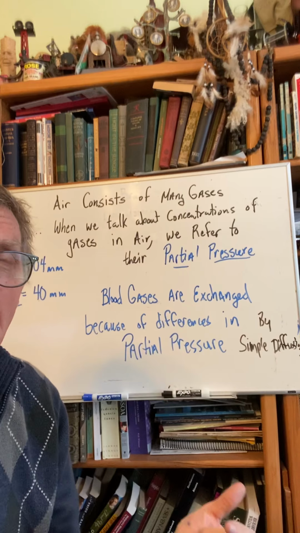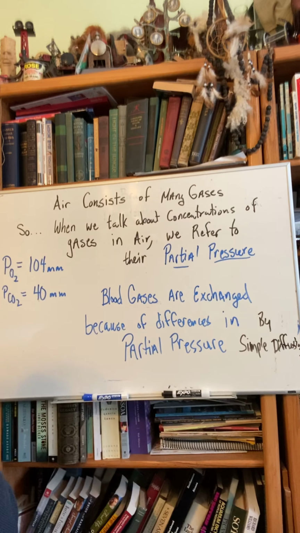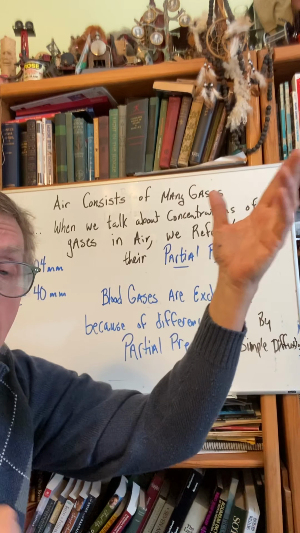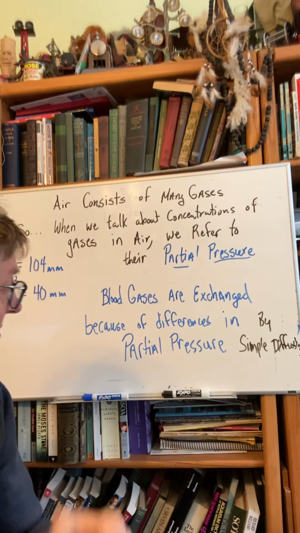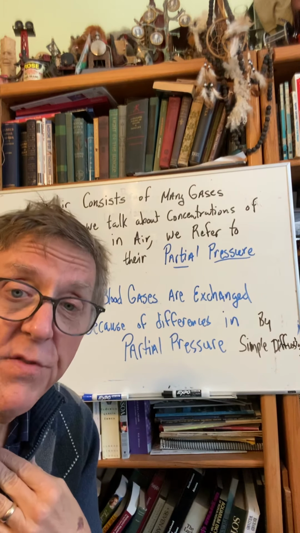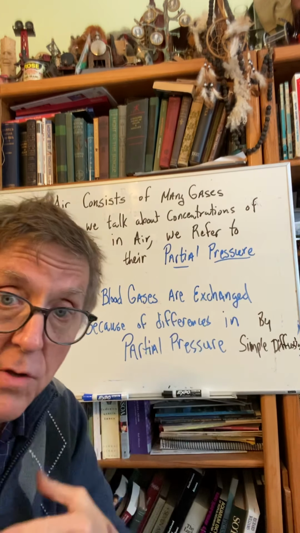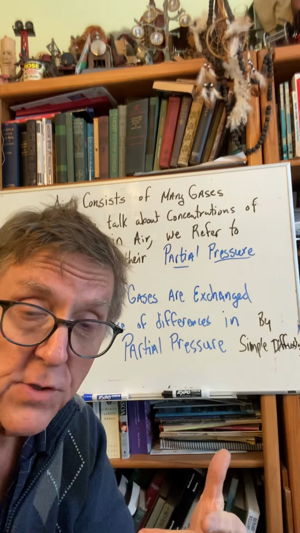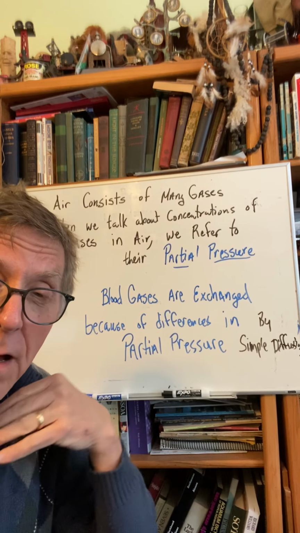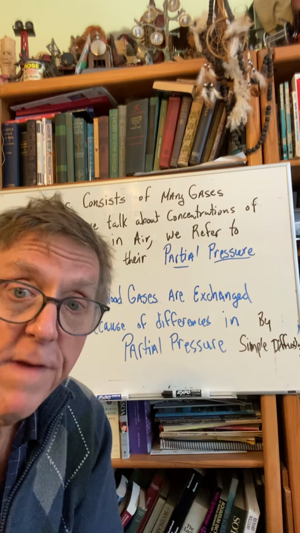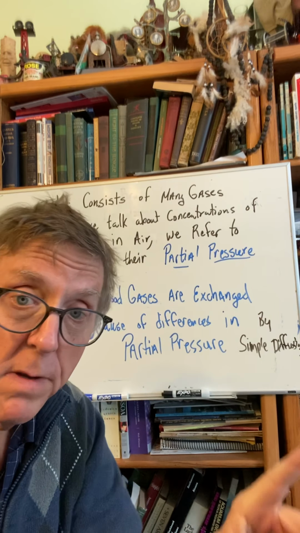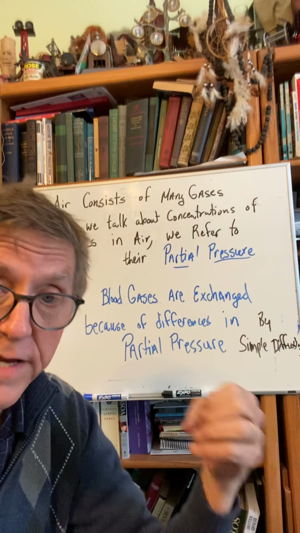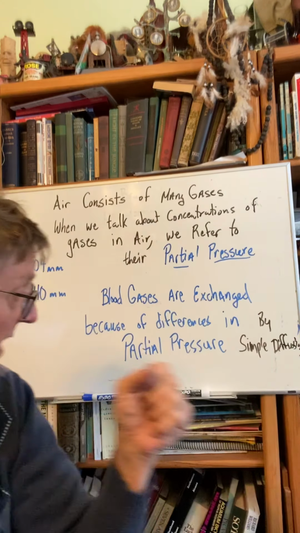So when we talk about the oxygen that's in our atmosphere and also the oxygen that's in our blood, what is going to cause that oxygen that's in your lungs from ventilation to move into the capillaries is simple diffusion, a movement from an area of high concentration to an area of low concentration.